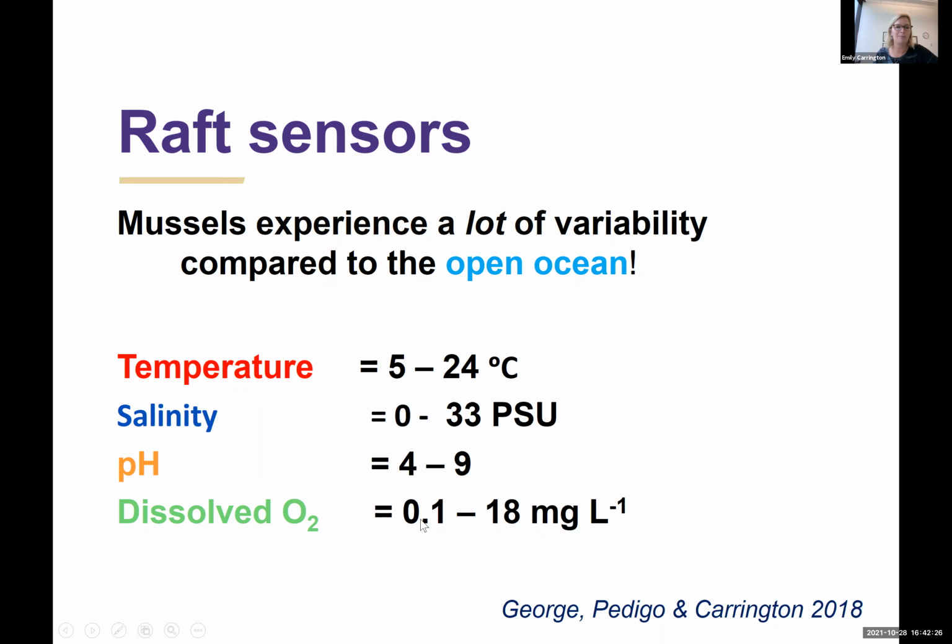Dissolved oxygen can be basically anoxic to being supersaturated. So these are very, very different conditions than you would see in the open ocean, many units larger, more variation than what you would expect. For example, pH in the open ocean would range typically between 7 and 8, and so we're seeing whole units of variation larger than that.